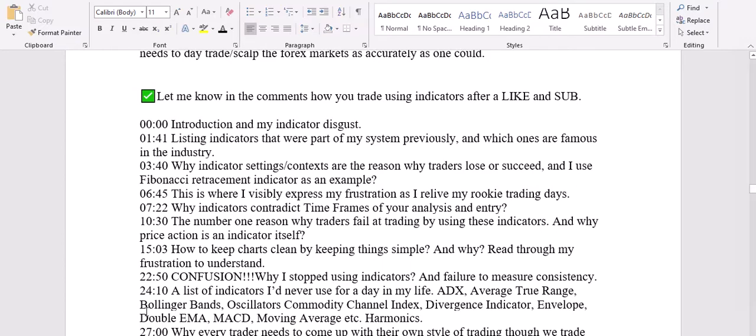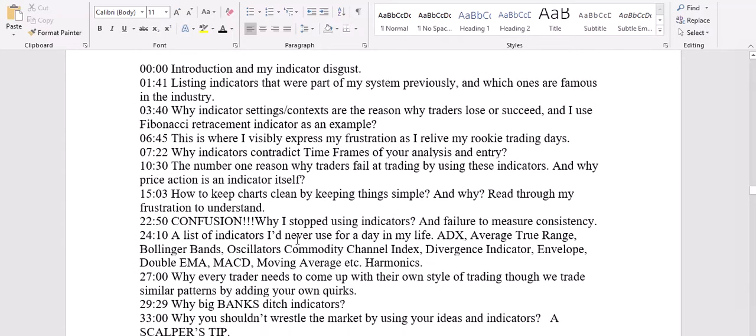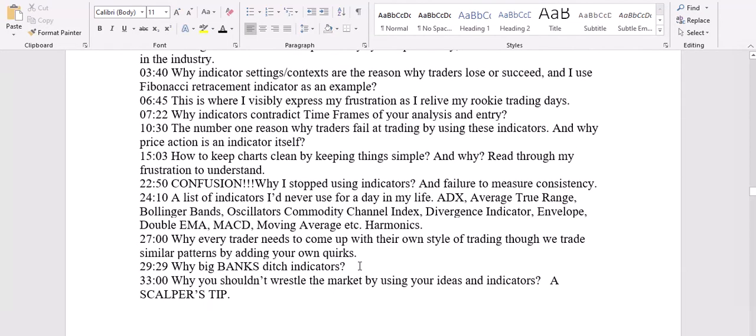Like, look at 2410. She says a lot about indicators that she has used before or that she went through on TradingView, and we have ADX, average range, the Bollinger Bands, oscillators. Trust me, there's quite a number of people who are searching for these indicators or how to use those indicators.